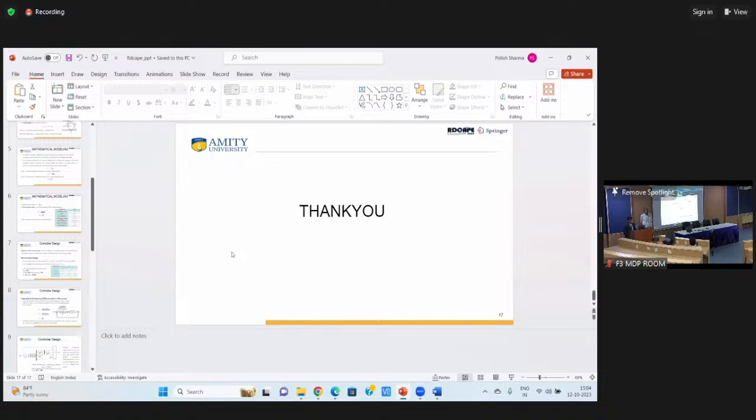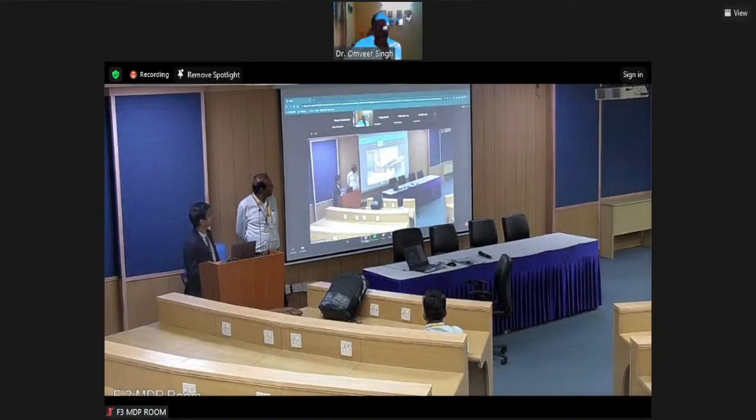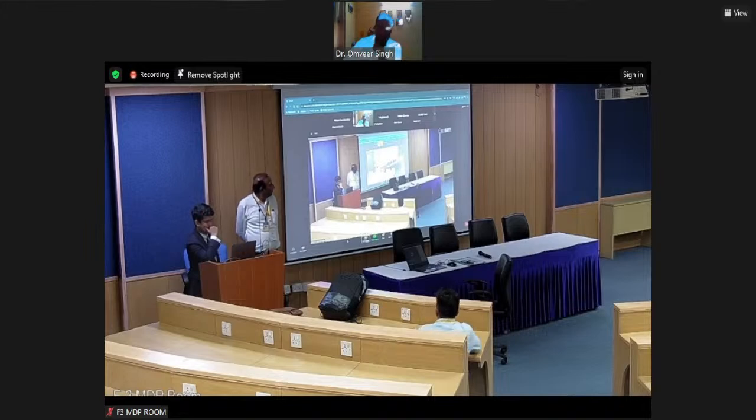I have used minus 100 to 100 for that. For the KP and KD, I used minus 100 to 100, and for the alpha value I have used 1 to 5 basically.